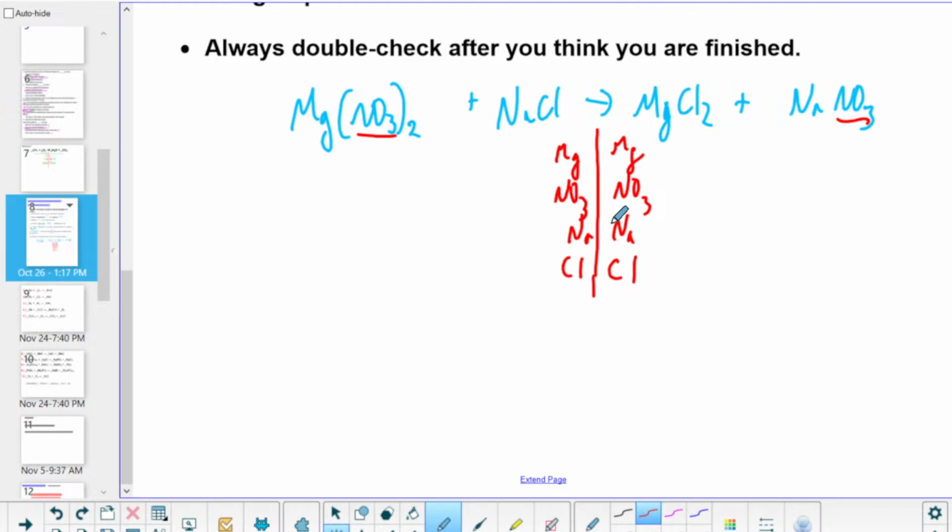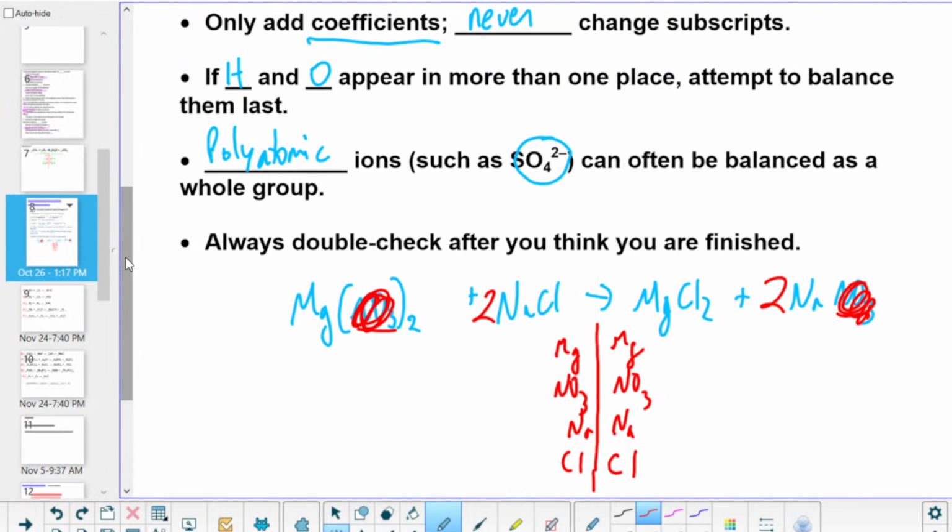And then you could go through the process that way. You can treat this just like a blob. You have two blobs on this side, one blob on that side, so you need to have two there. You have two Cls there, so you're also going to need two there, and then you're done. So treat them as whole things. And then when you're done, double check.